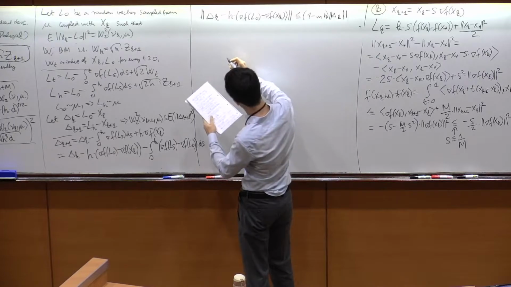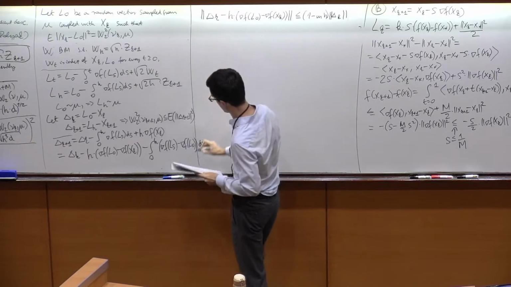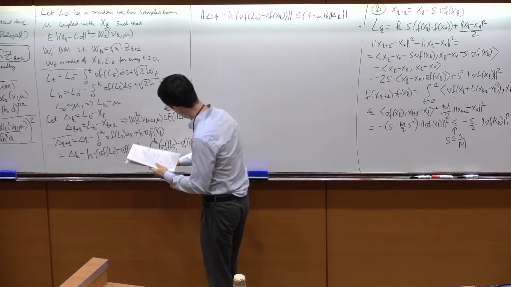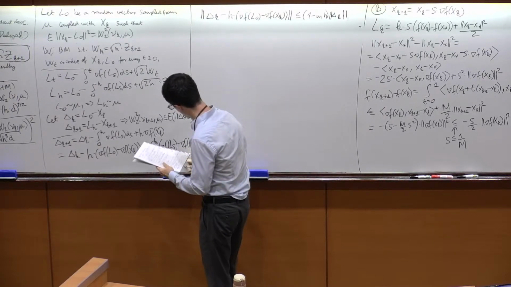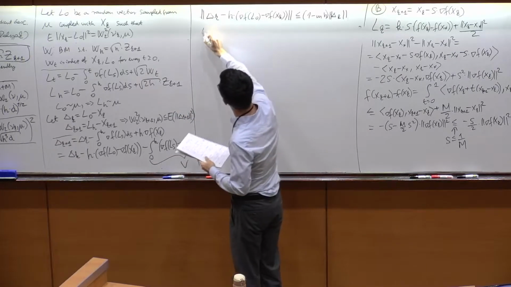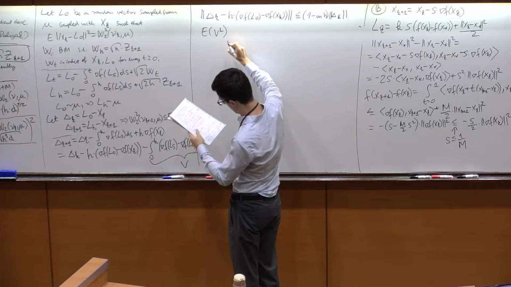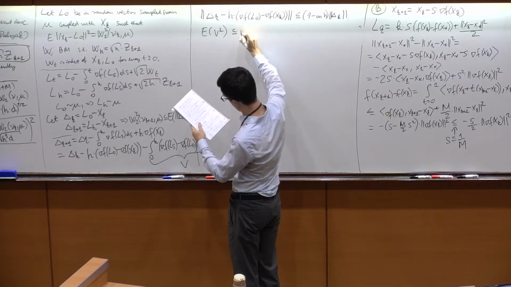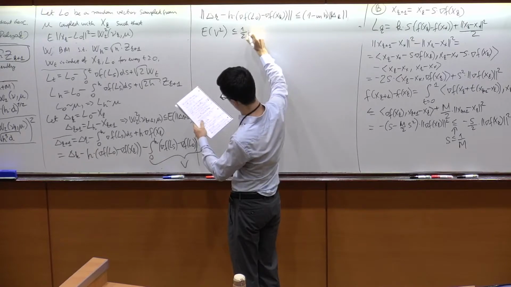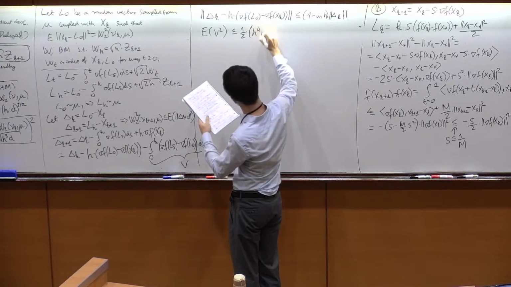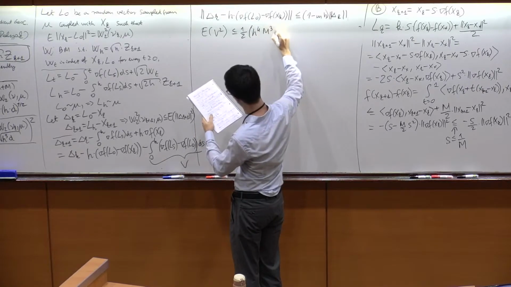And it can also be shown that if you denote the second quantity by v, then the expected value of v squared is less than or equal to 1/2 times h to the 4th.